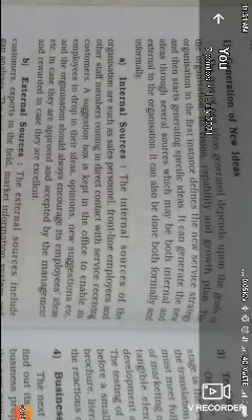Internal sources are what? Frontline employees, salespersons, and staff members coming in direct contact with the customers receiving the service.